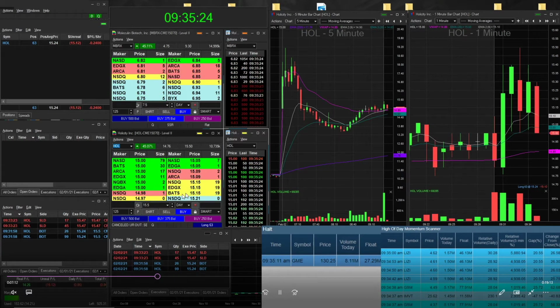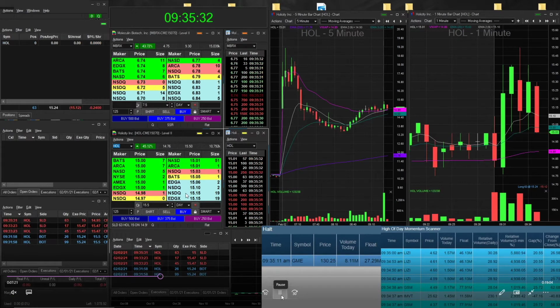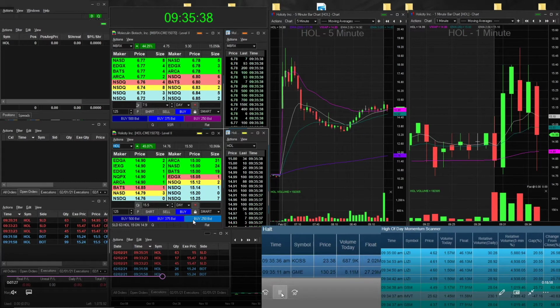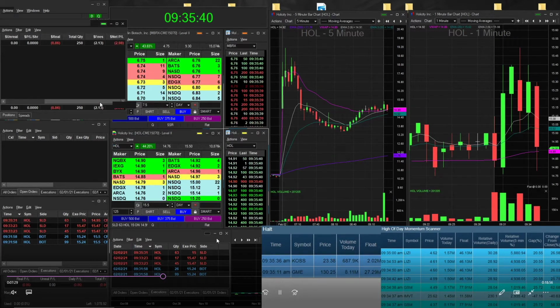And right here, we see the bid getting smaller, and we get out at 15. So you get out at 15, and it drops to 14.80 instantly. Yeah, so that's the first trade.